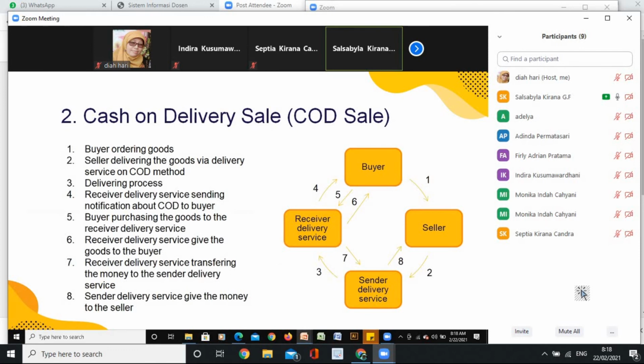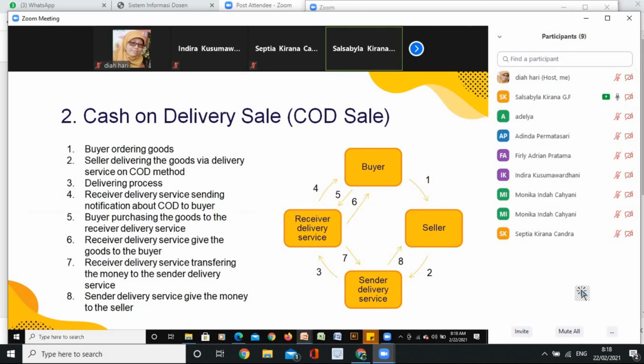So the selling system is like this. The first is the buyer orders the goods from the seller, and the seller delivers the goods via a delivery service. The seller delivers the goods to the sender delivery service or counter post. From the sender delivery service, it is delivered to the receiver delivery service.